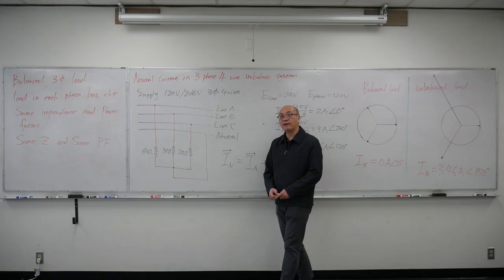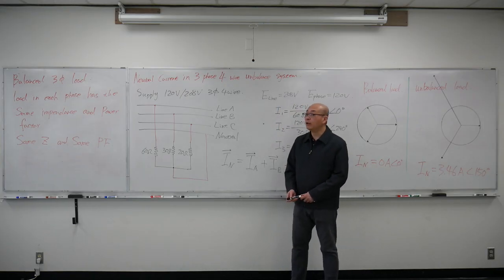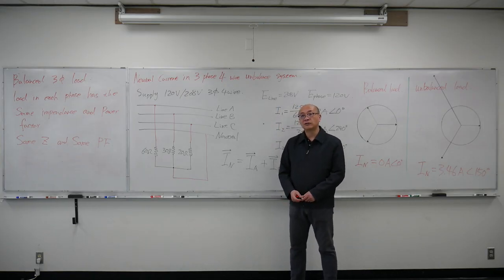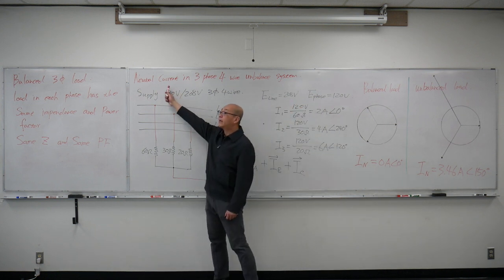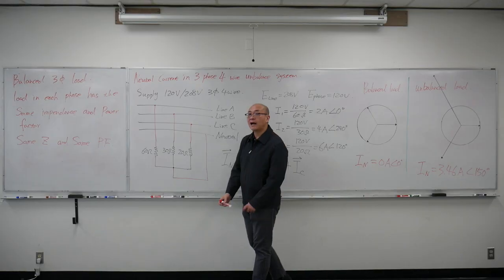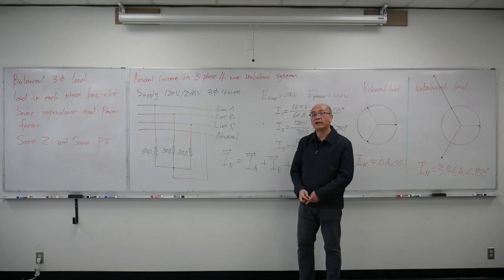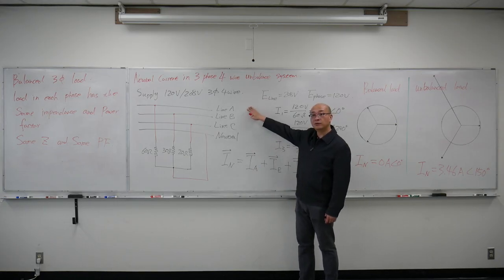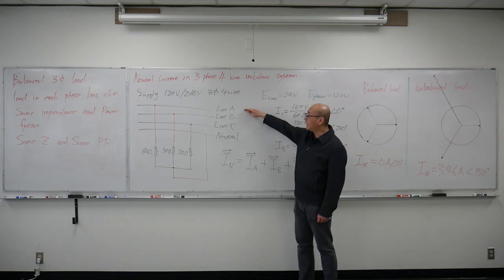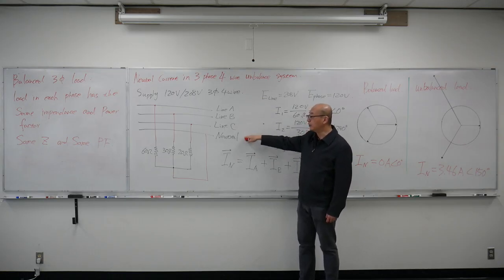But a lot of the time in the real world, we're dealing with unbalanced loads. When we have an unbalanced load, the neutral is going to carry a current. This time we're going to show you how to calculate that neutral current. I have an example down here of a three-phase 4-wire supply, line A, line B, line C with neutral.